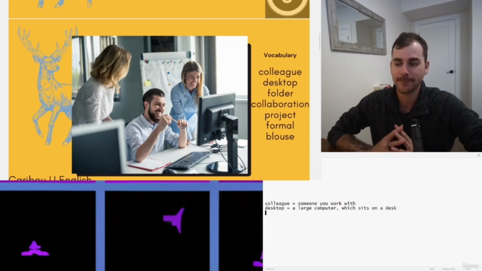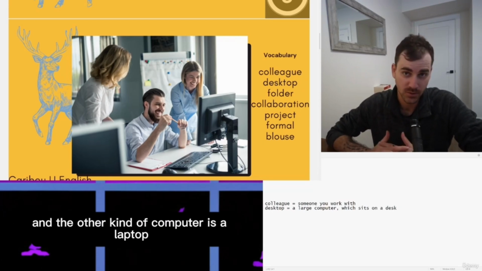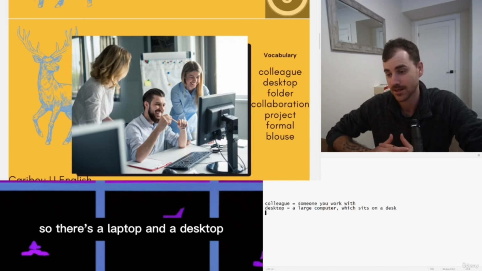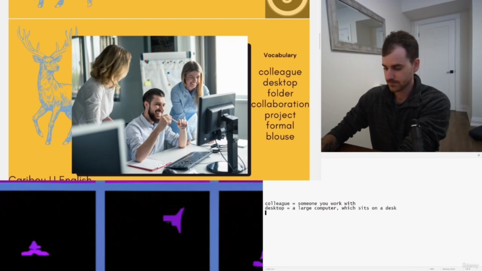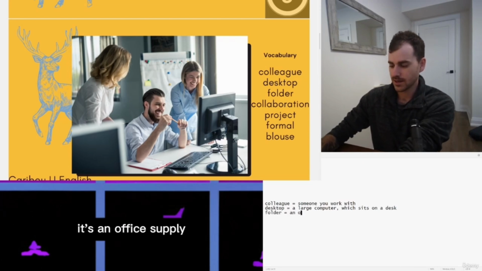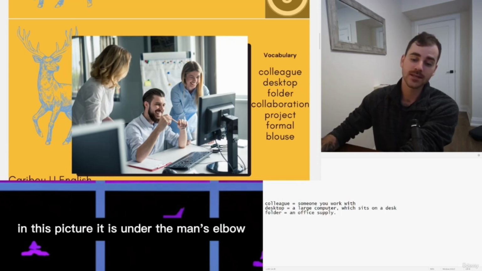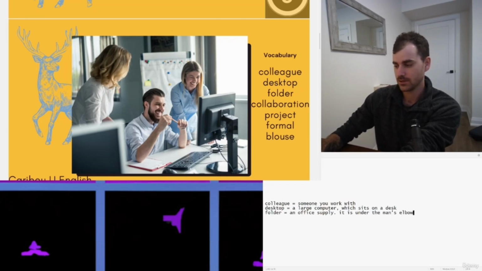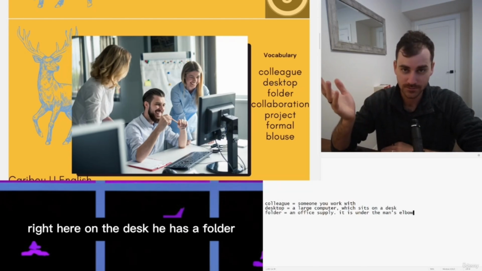That's a desktop. And the other kind of computer is a laptop. So there's a laptop and a desktop. Folder. It's an office supply. In this picture, it is under the man's elbow. Right here on the desk, he has a folder.